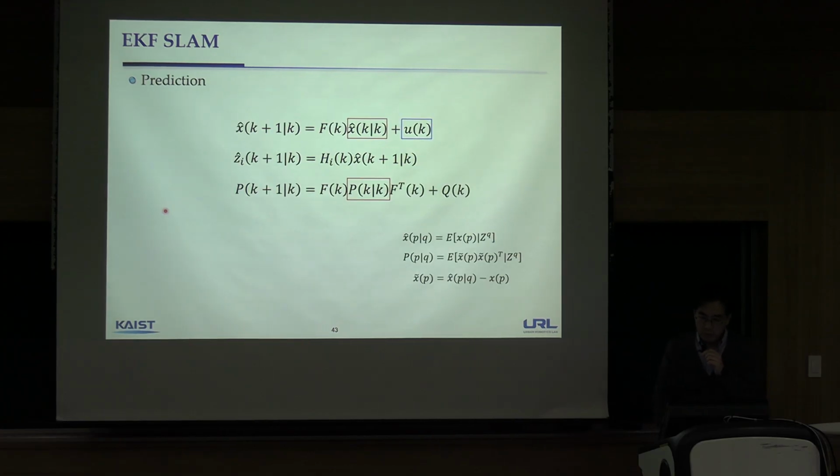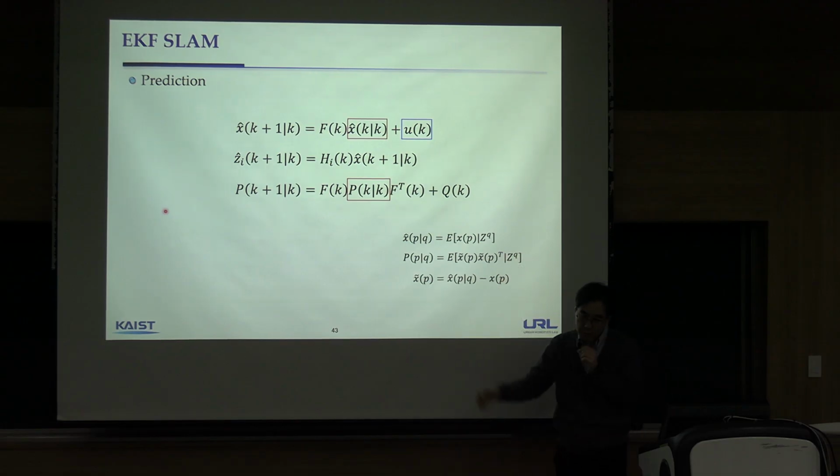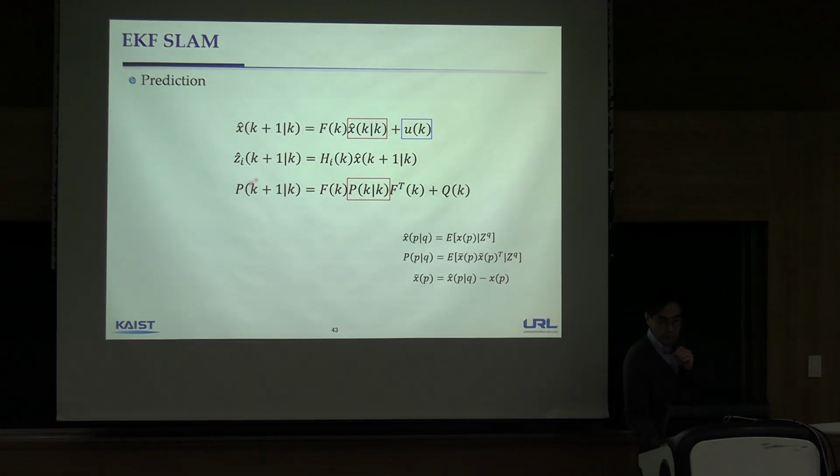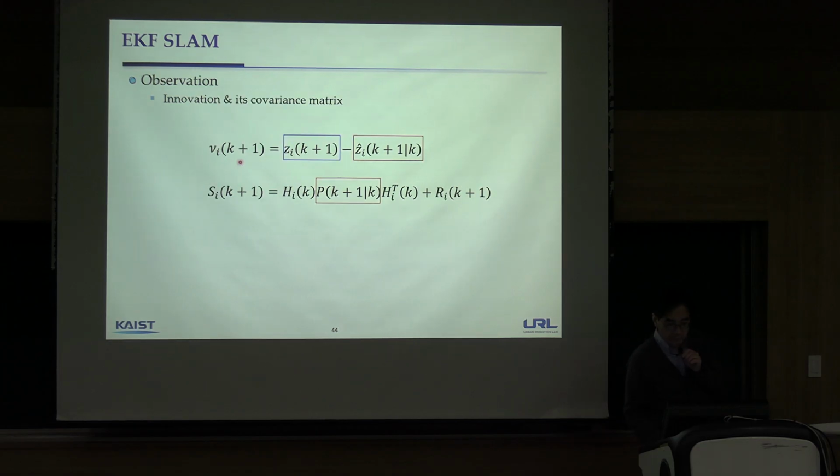So in the prediction, we just incorporate the kinematic equation, and the measurement equation is incorporated, so we have the estimated measurement. And in the observation, we have the actual measurement and estimated measurement, and the difference is the innovation term.